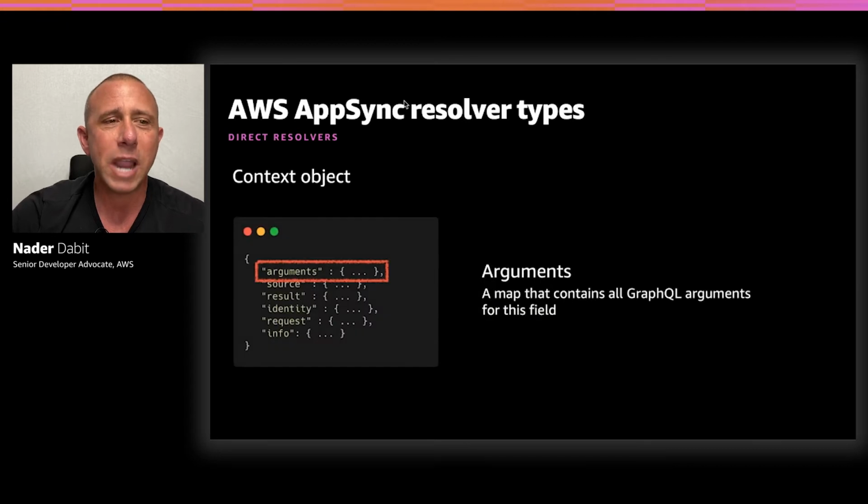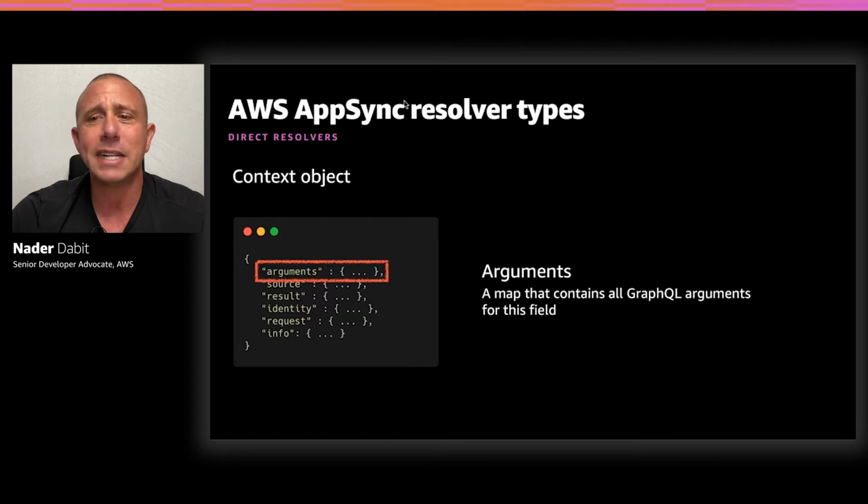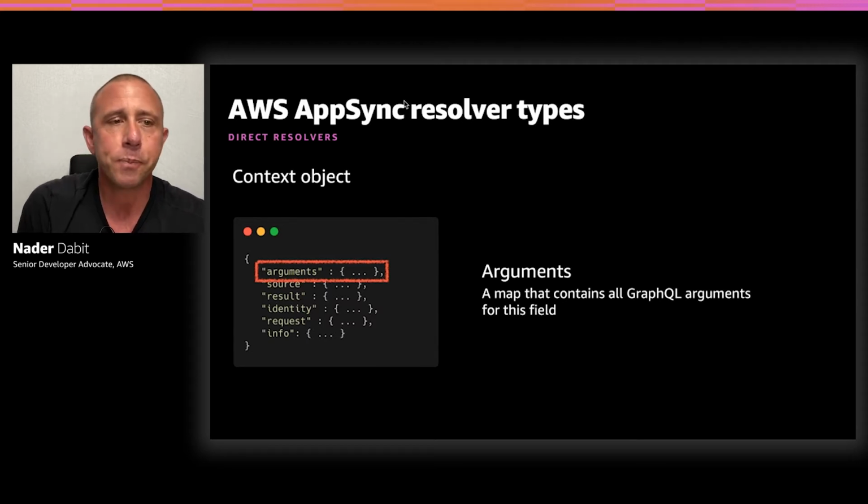In the context, we have several different properties. We have the arguments, we have the source, we have the result, the identity, the request, and the info object. The arguments are going to be a map that contains all of the GraphQL arguments for this field. So for a create operation, this might have the ID as well as additional metadata. So for a product, this might have the product price, the product inventory, things like that.